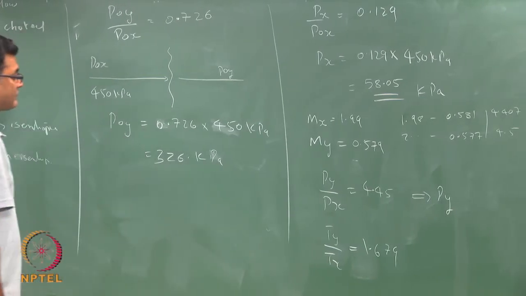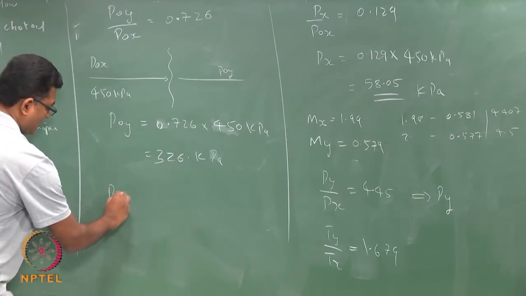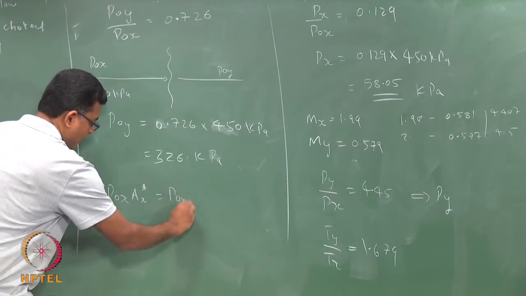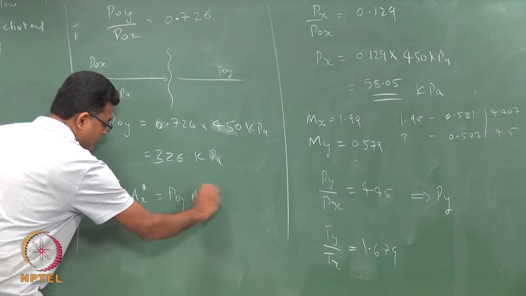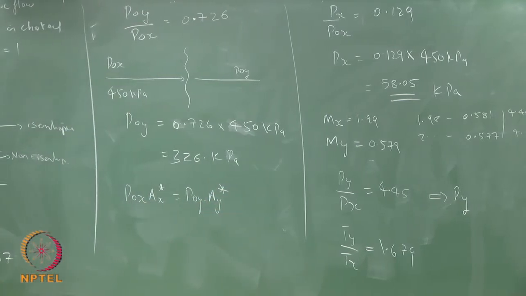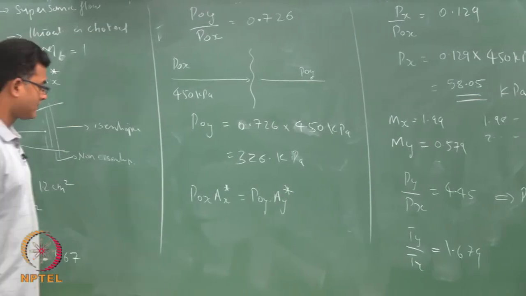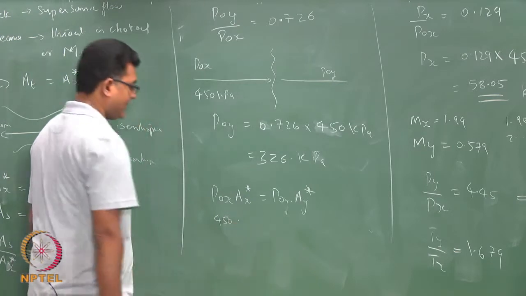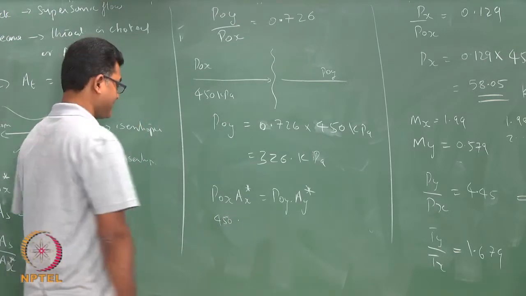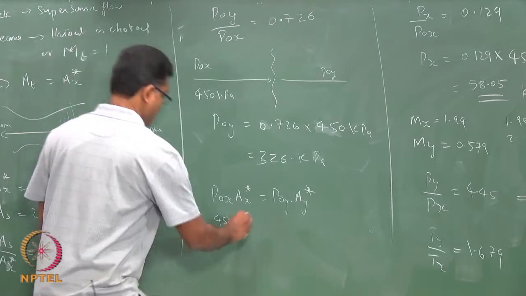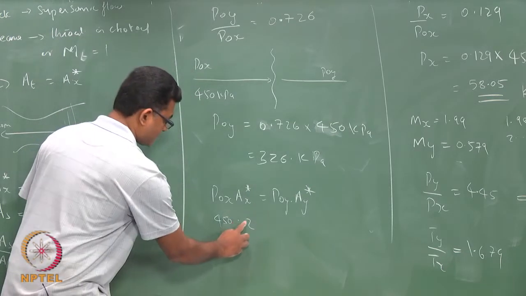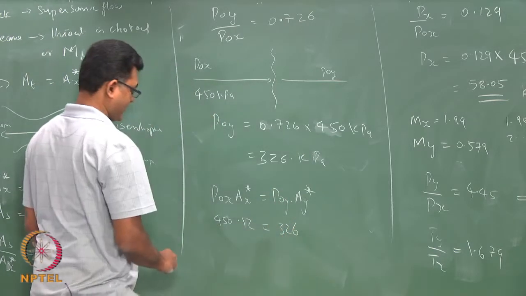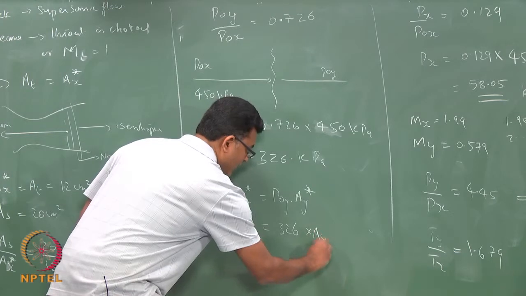Okay. Now we also know that P0x Ax star equals P0y Ay star for a non-isentropic process. We know P0x is 450 kilopascal, Ax star is our A throat, which is 12 centimeters square. P0y is again in kilopascal, so it is convenient to write this into Ay star.